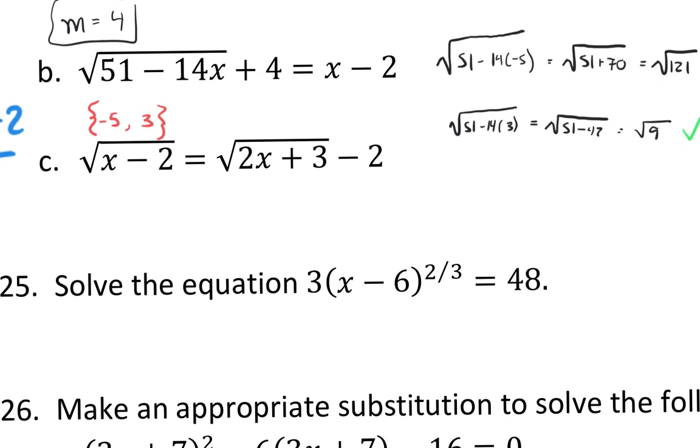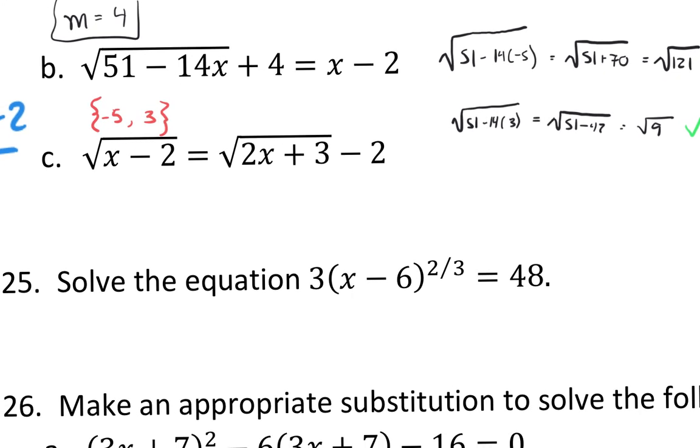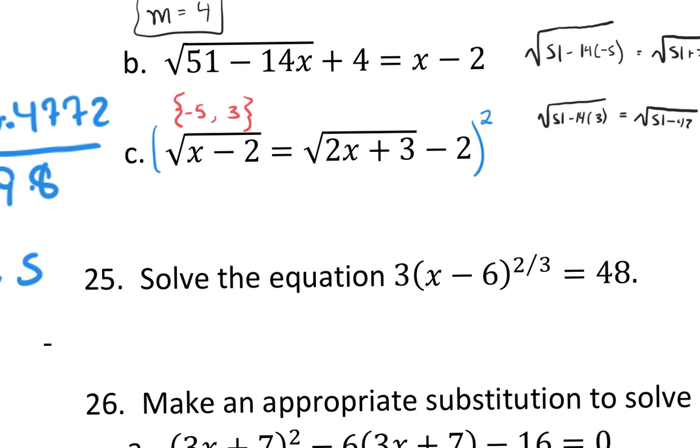Now for this next one, it's going to get a little tricky, so bear with me. But my first step is going to be to square everything in the equation, just to get rid of those square roots that the x's are trapped in. So the left-hand side is going to be nice and easy. It's just going to look like x minus 2. The right-hand side is going to be a little bit more complicated.